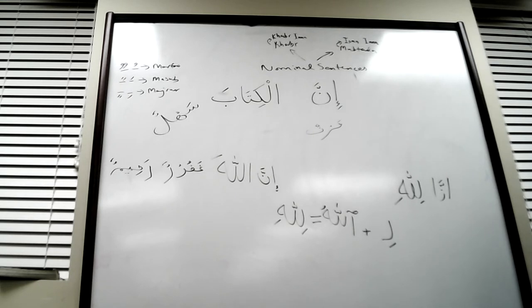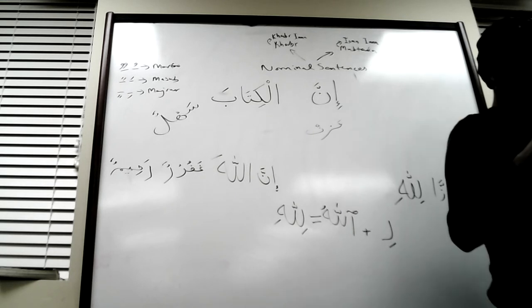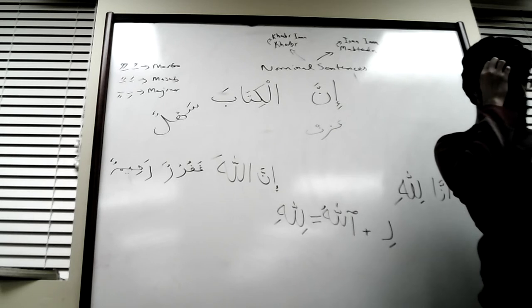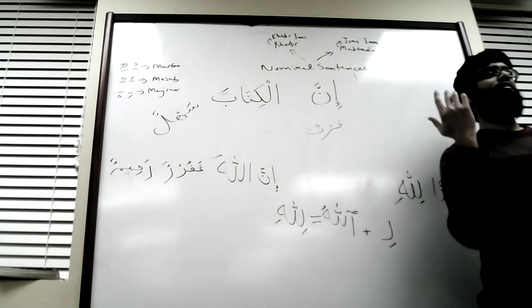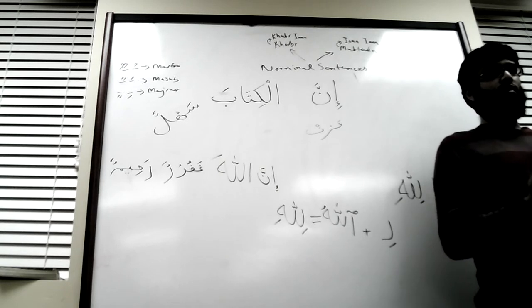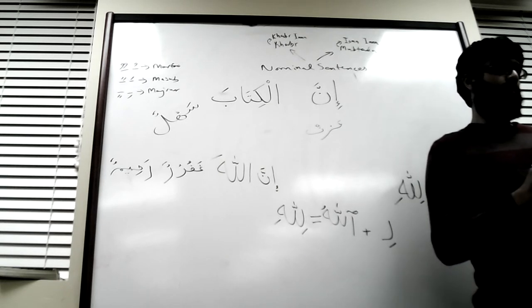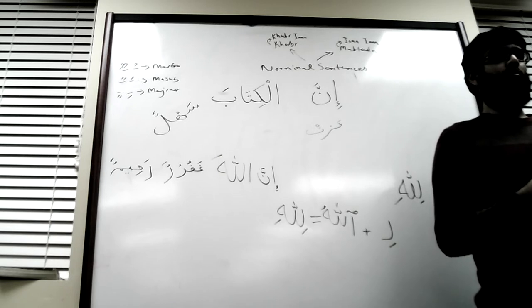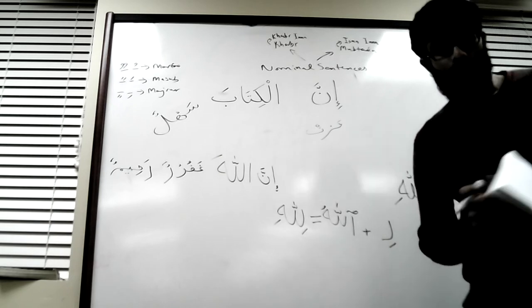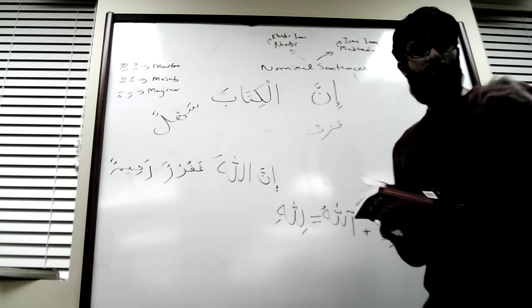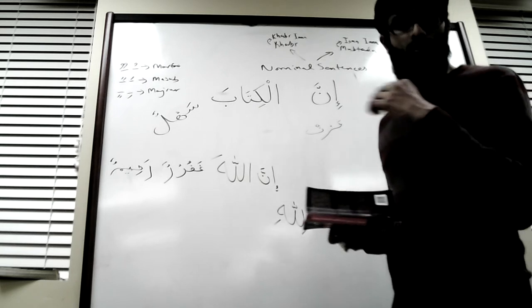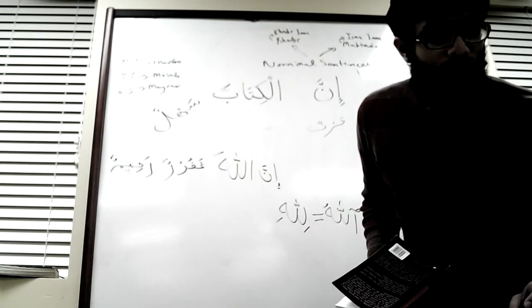Okay, second example. آمنة طالبة. إن آمنة طالبة. Inna aminata talibatun. Why does amina have only one dhamma? It's a feminine noun, right? It's also what's the term in book one that they said? Diptote.